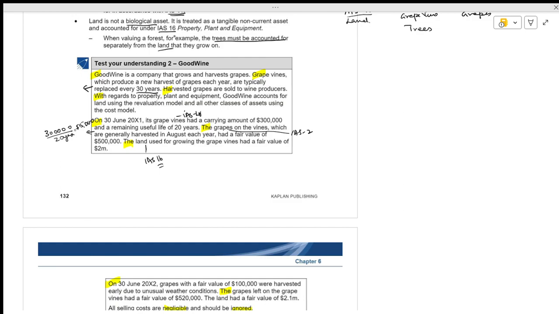What is the carrying amount? The carrying amount will be 300 minus 15, which comes to 285. This carrying amount will be on 30th June 2002.